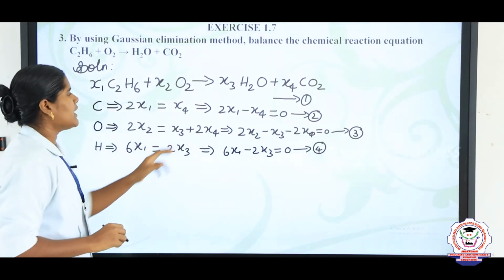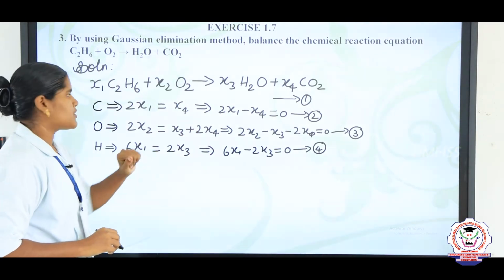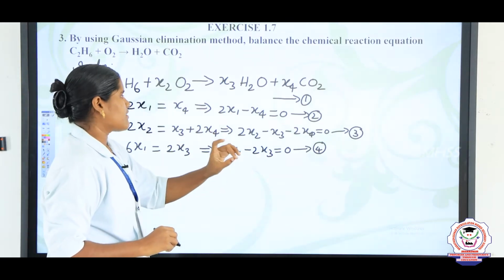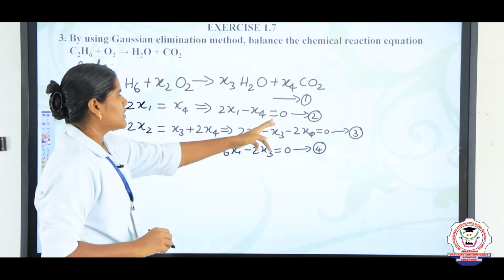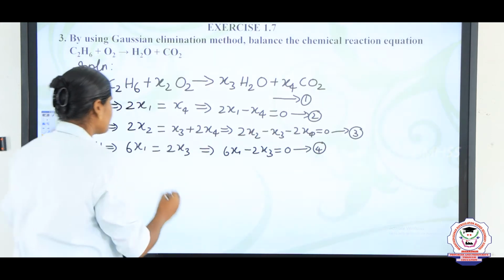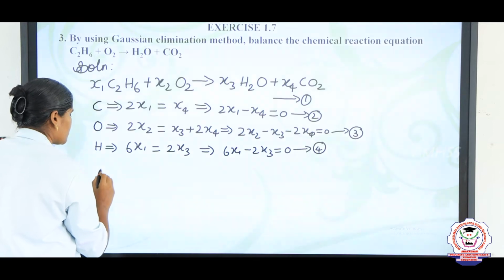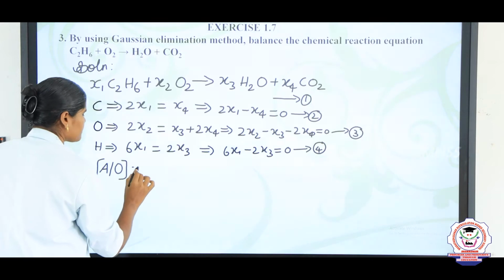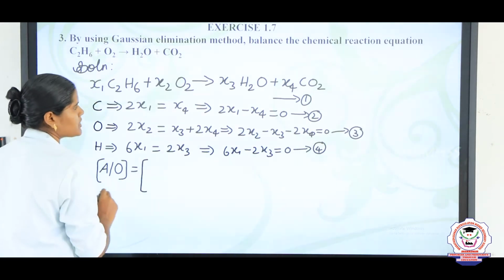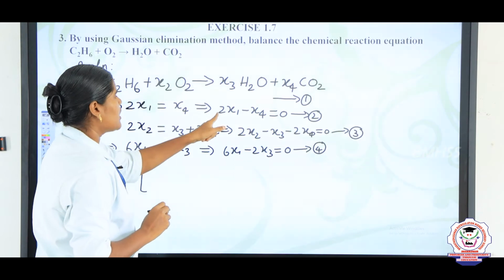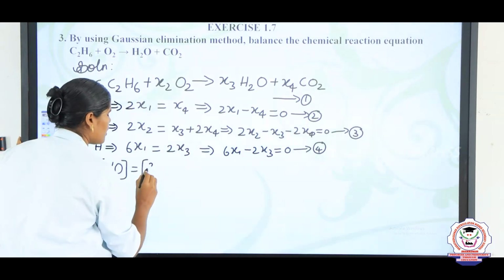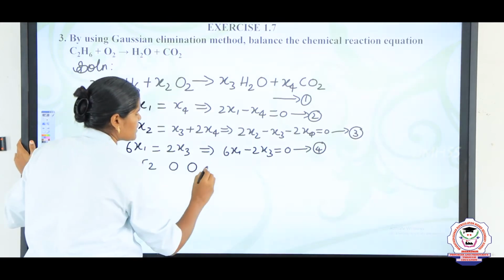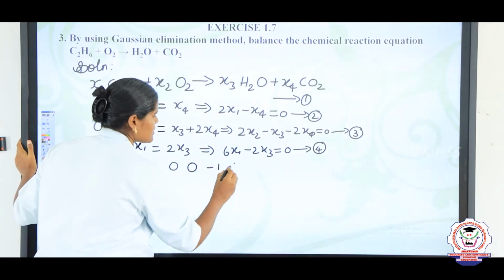So now I am going to write these 3 equations in matrix form. First x1, x2, x3, x4, the 4 unknowns, with the 0 column matrix. I am going to write this in augmented form, that is A|O, equal to: the coefficients of the second equation, x1 coefficient is 2, and x2, x3 are 0, 0. x4 coefficient is minus 1 and the constant is 0.